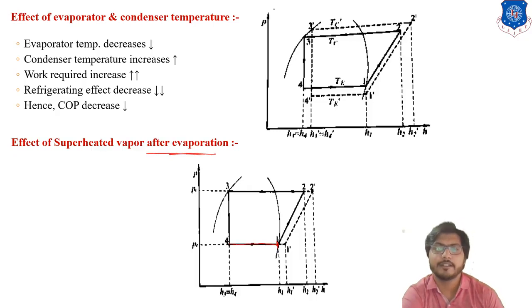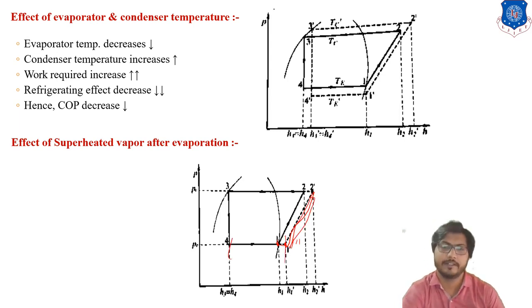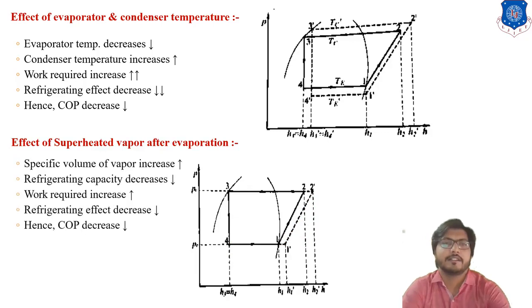4 to 1 is evaporation, standard evaporation. This is 1, 2, 3 and 4. In standard evaporation, point 1 lies on the saturated vapor line. If it is superheated, that means beyond the saturated line, point 1 is shifted here to 1 dash. So the new compressor work is like this, and refrigeration effect increases, but specific volume of vapor increases, refrigeration capacity decreases.